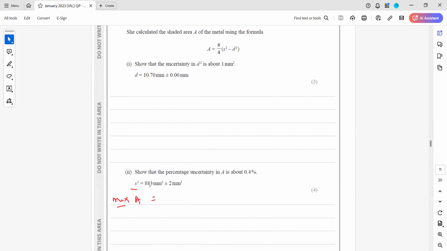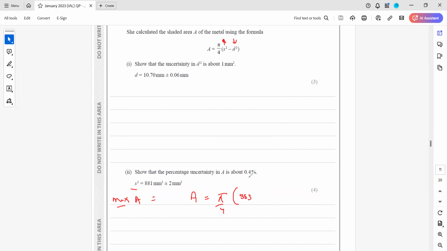So what will be the maximum value of A? A equals pi by 4 (S square minus D square). The maximum value of S square will be 883, because we'll get a maximum value when S square is greater and D square is smaller.